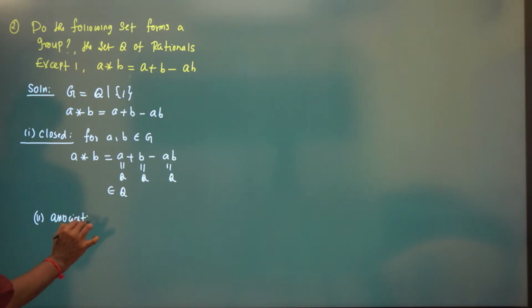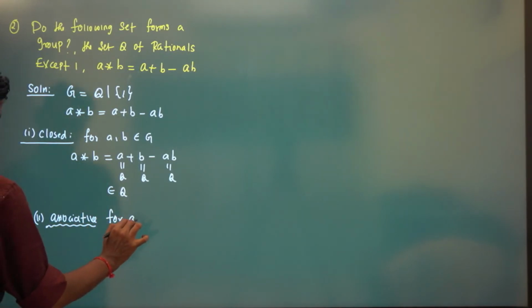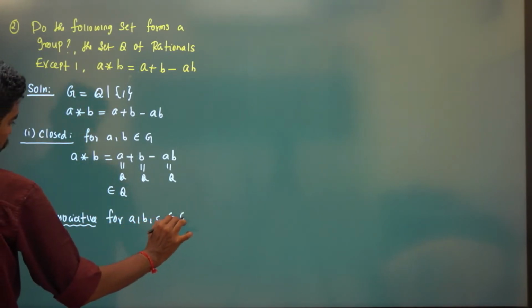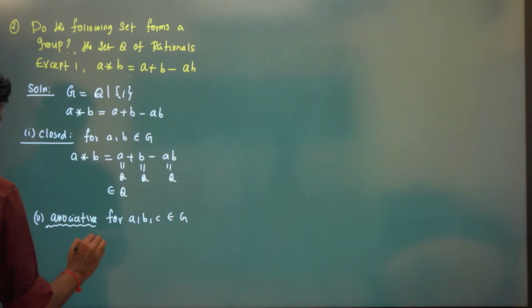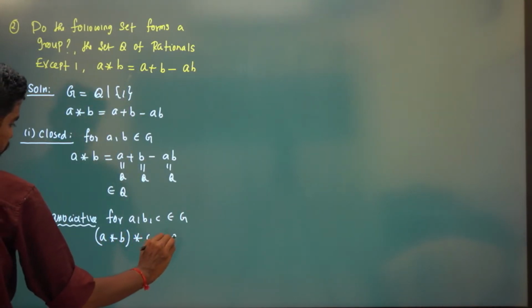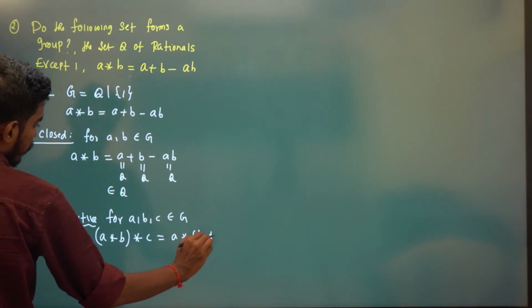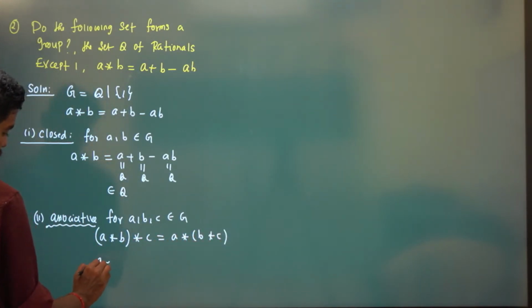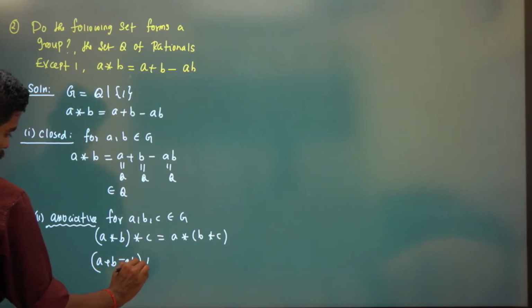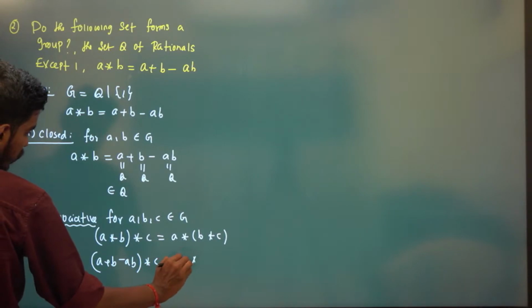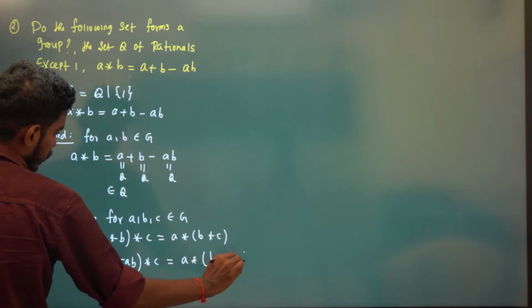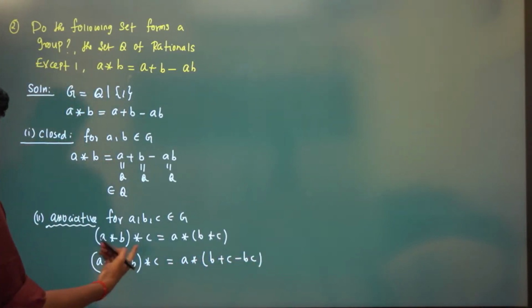Associativity. For A, B, C belongs to G, G is Q minus 1. A star B star C is the same as A star B star C. So what is A star B? A plus B minus AB, star C. B star C is B plus C minus BC. Now what is this into this?